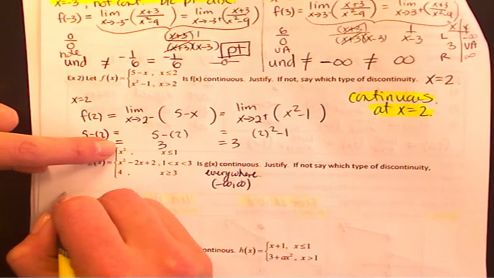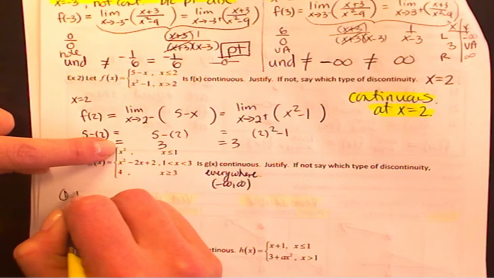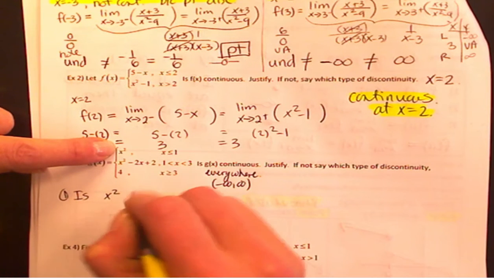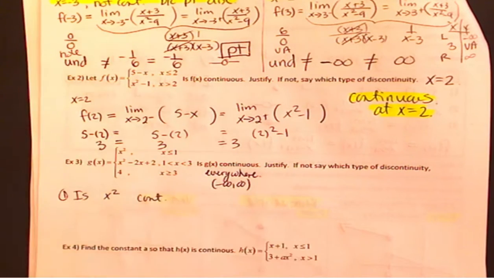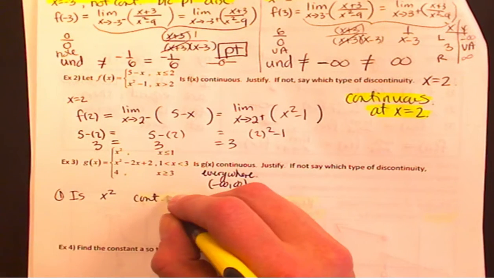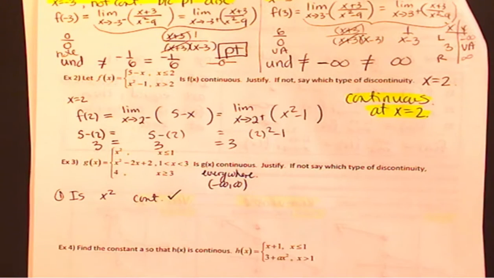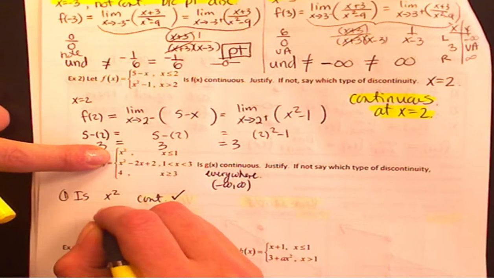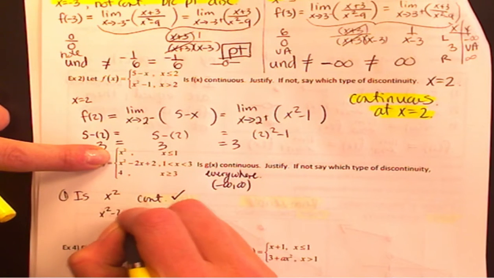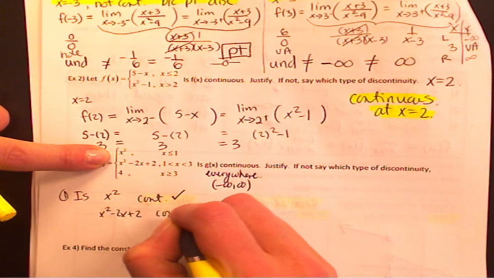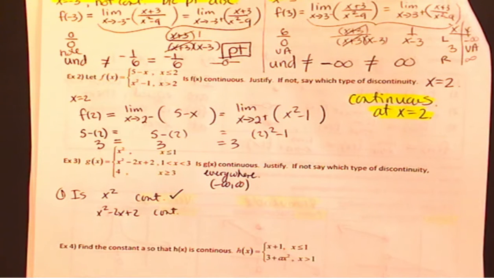So we're going to look at this. Is x squared continuous? Can you draw x squared without lifting your pencil? Okay, yes. All right, check. X squared is continuous. Is x squared minus 2x plus 2 continuous?